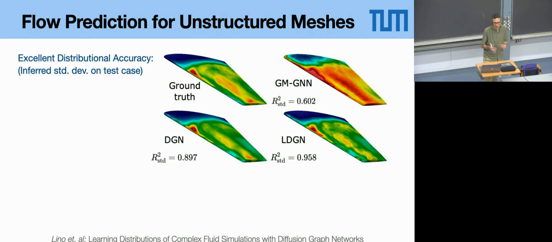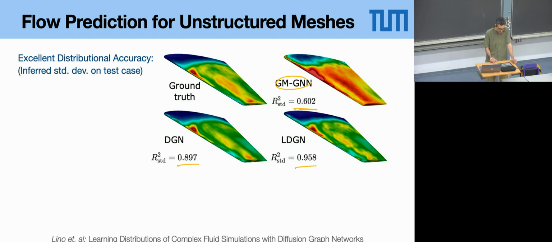We found this one to be a pretty good indicator of, say, Wasserstein and others, but this is a non-trivial task, to reliably estimate a high-dimensional distribution from discrete samples. Nonetheless, the GNN version, for example, here really does pretty badly with a coefficient of determination of 0.6. This DGN variant is almost at 0.9, and this latent space variant is above 0.95. So in this case, the regularization with the latent space additionally improved things.